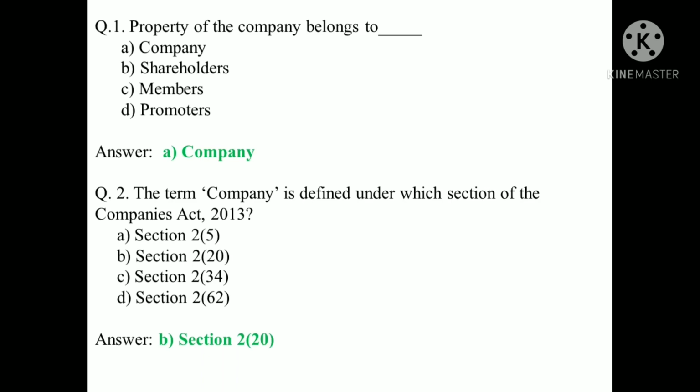Therefore, here the option B is the correct answer.